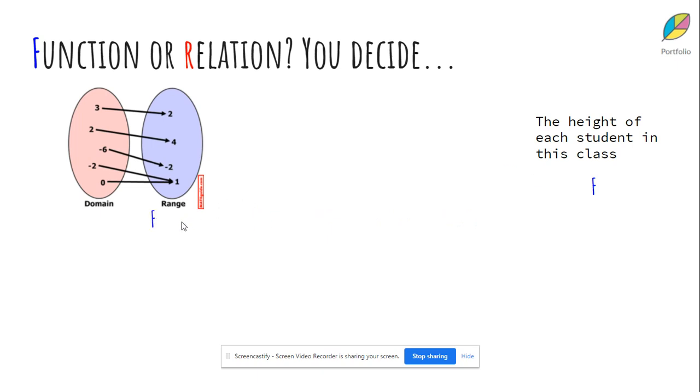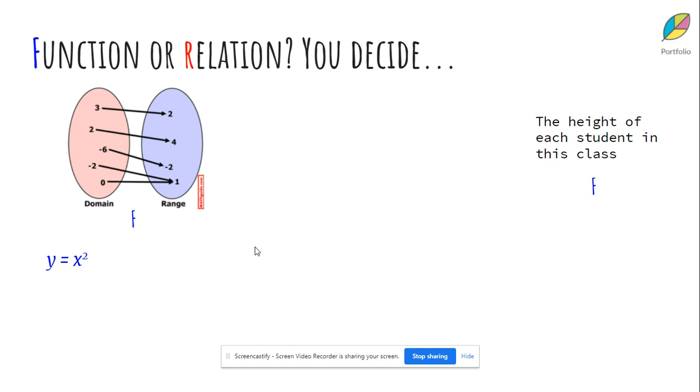Similarly to the previous example, this is a function because for every value in the domain, there's only one value in the range. Even though -2 and 0 both map to 1, each of them is only mapped to one value. So that makes it a function.